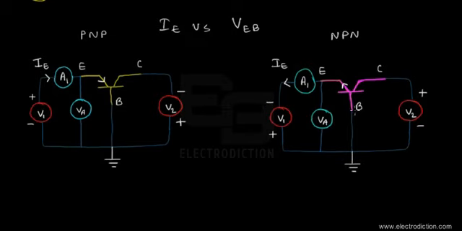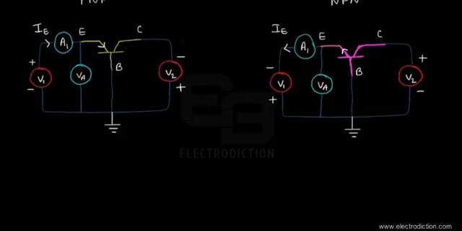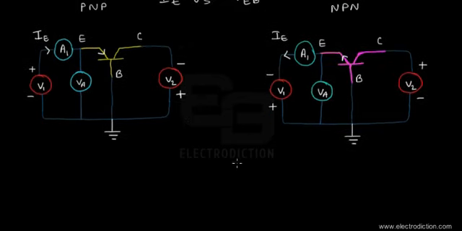Now looking at these figures, here we're just going to keep the V2 voltage source fixed. So we're going to keep V2 at a particular voltage, and we're just going to vary the bias voltages across the emitter and the base terminals.